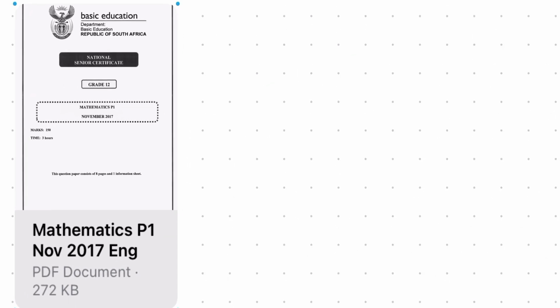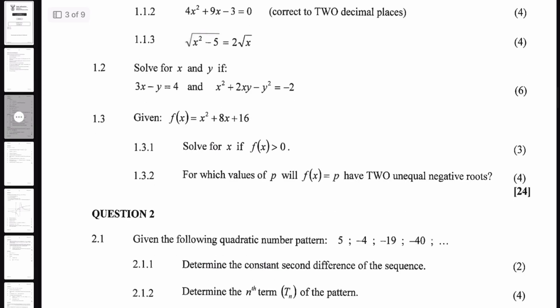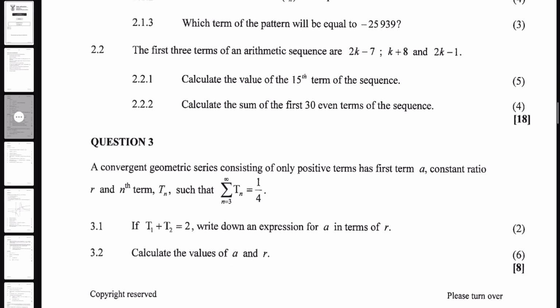Okay. We're solving 2.2, right? We're saying the first three terms of the arithmetic sequence are 2k minus 7, k plus 8, and 2k minus 3. So the only thing that you need to master here is that the first difference is the common difference.